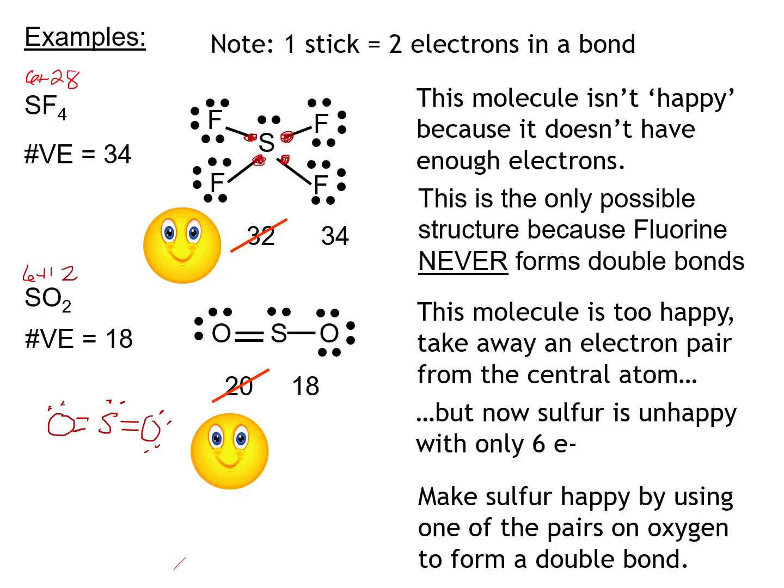The reason why this is a slightly better structure is because, again, like with the SF4, sulfur has 1, 2, 3, 4, 5, 6 electrons around it, same as its valence electrons. In this structure up here, the sulfur only has 1, 2, 3, 4, 5 electrons around it. So that makes it a little bit less stable than this alternative structure.